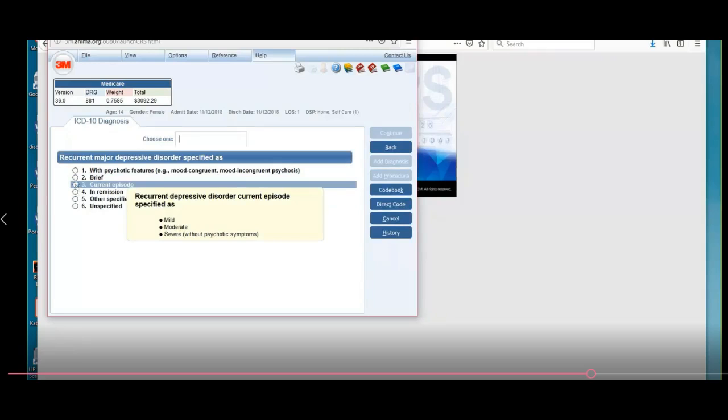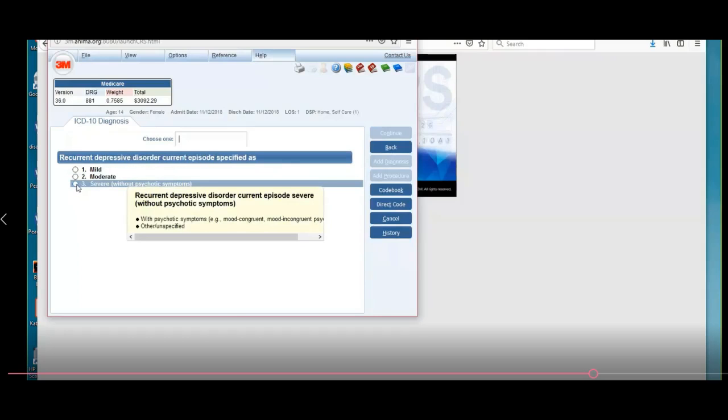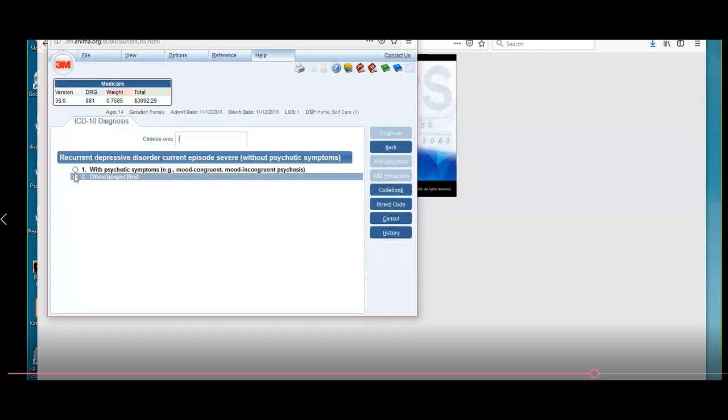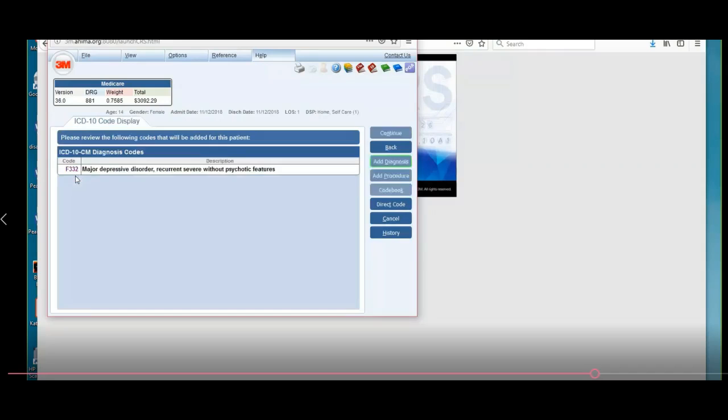If you just put your mouse over the keyboard, it'll tell you what's in each circle. So our patient's documentation did say severe, so I'm going to pick 3, and then right here 3 without psychotic symptoms. And then no psychotic symptoms, so I'm going to pick 2.